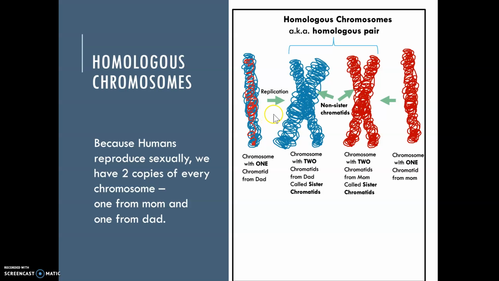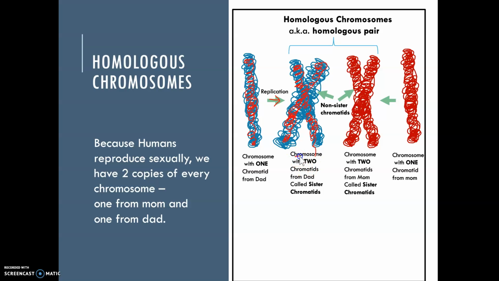And then it replicates, which means that it makes a copy. So the DNA makes a copy of itself. And then we end up with a chromosome that's duplicated. So both of these are chromosomes, but this one happens to be duplicated. And it consists of 2 sister chromatids that are connected at the centromere.